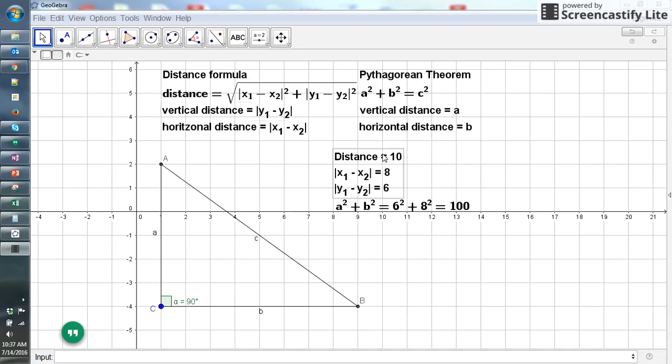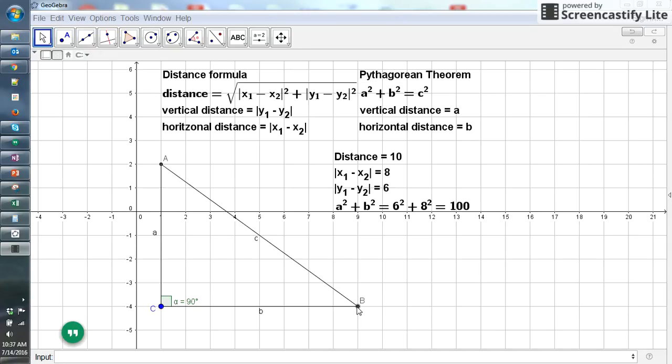Then we take the square root of it, just like we took the square root of 100 at the end, because we're not looking for c squared, we're looking for c, and that's going to equal our distance. It's the same formula, it's just written differently, and it looks scarier this way, but it's the same idea.